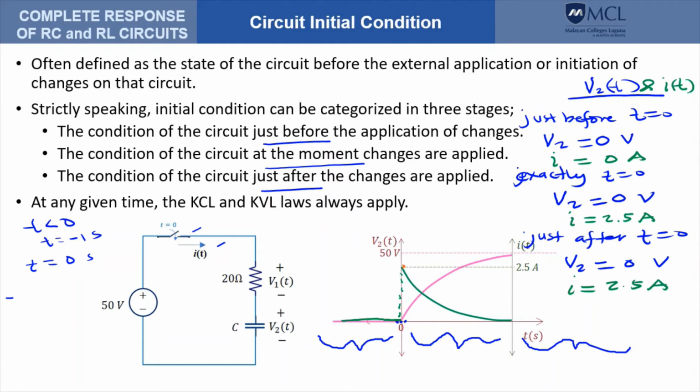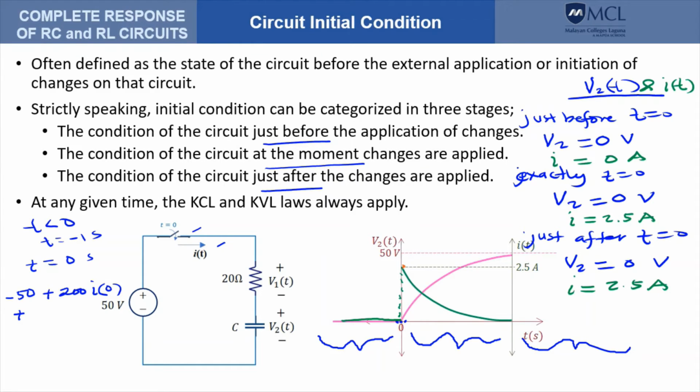That is minus 50 volts plus 200 times the current I at t equals 0 plus the voltage across the capacitor.